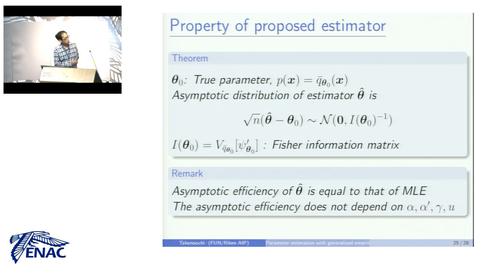And the covariance matrix is the inverse of the Fisher information matrix. So I mean, the asymptotic efficiency of the estimator is also equal to that of the maximum likelihood estimator. And the asymptotic efficiency does not depend on the choice of alpha or alpha dash or gamma or the function U.